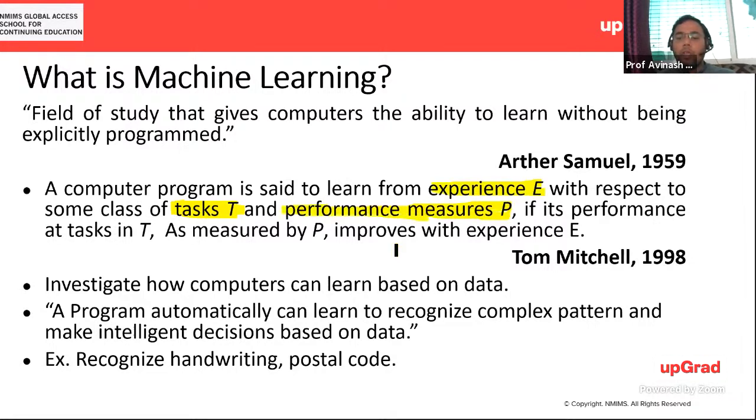Why? Because suppose initially you are doing some task, after 2 days you are doing it again, and after 3 days you are doing it again, right? As your data or your experience increases, your performance will improve, right?